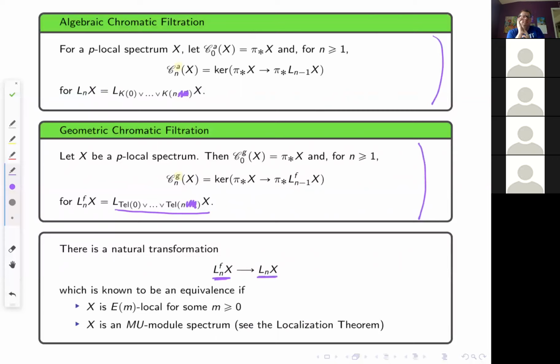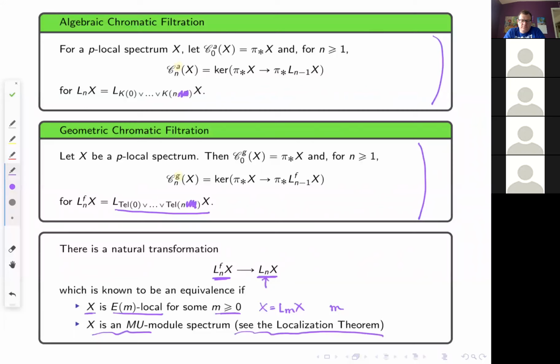It's known to be an equivalence if X is any E_m-local spectrum for m bigger or equal to 0, so if X looks like L_m X for some m. It's also known to hold if X is an MU-module spectrum. This was part of the localization theorem: L_n, the one without the f, does what you think it does on MU-module spectra.